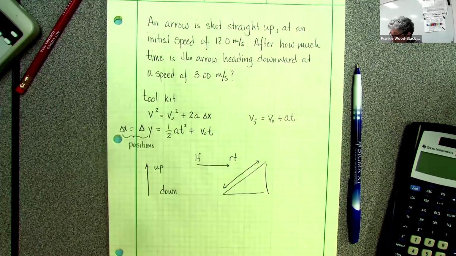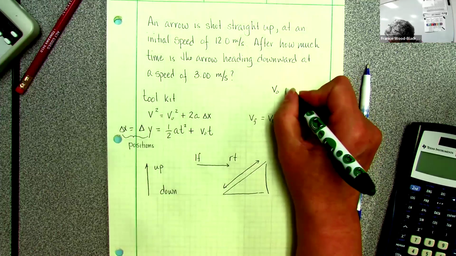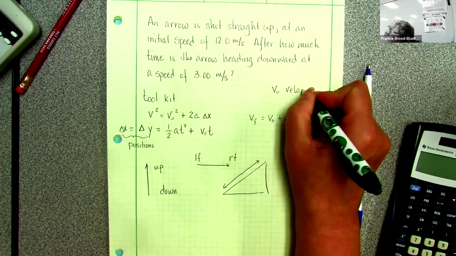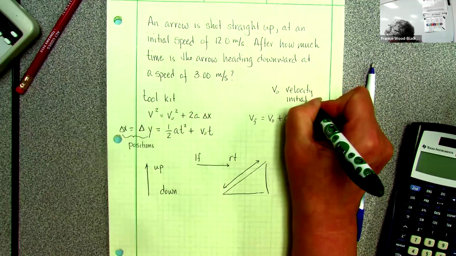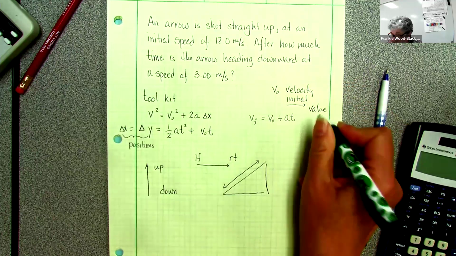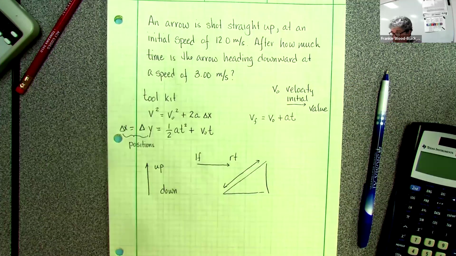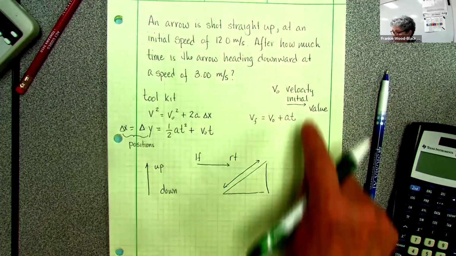The other thing is v initial, this is my velocity initial, is a value. It's not a variable. When I'm setting up this problem, whether I have a velocity or not, it's a variable or it's a value.